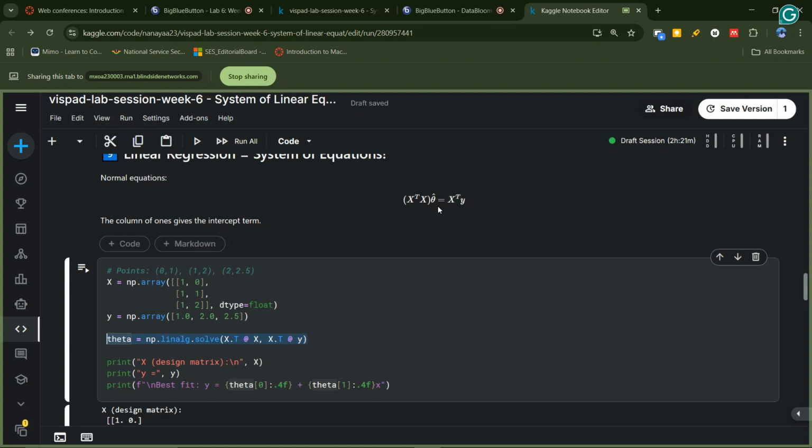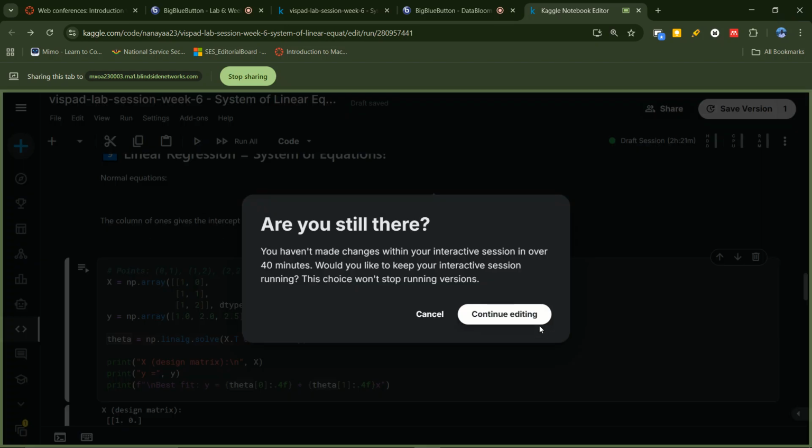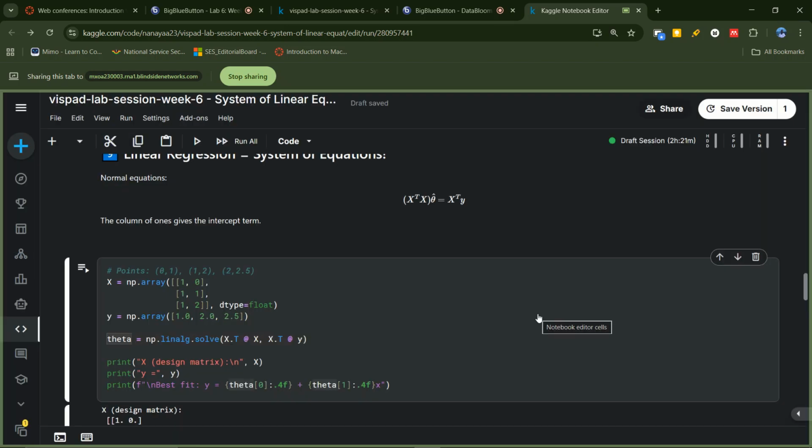So in explicit terms, theta is equal to the expression in brackets in front of theta, which is X transpose dot X, raised to the power -1, times that whole expression X transpose dot Y. Or let me say conceptually, this is how you find theta.